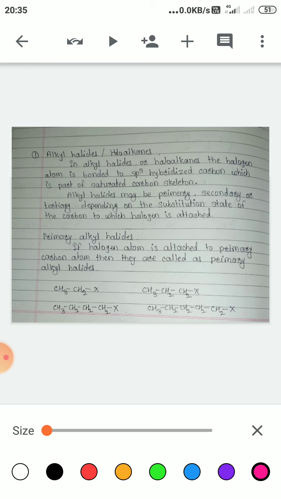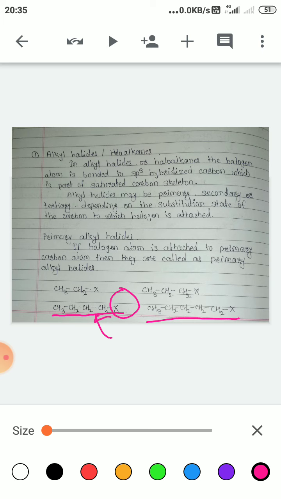Now see the next example we have taken here, CH3 CH2 CH2 CH2X. This X is attached to a carbon atom which is attached to only one other carbon atom. That means we have taken the example of butyl halide. Same one here, CH3 CH2 CH2 CH2X.